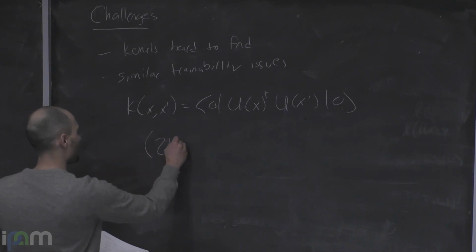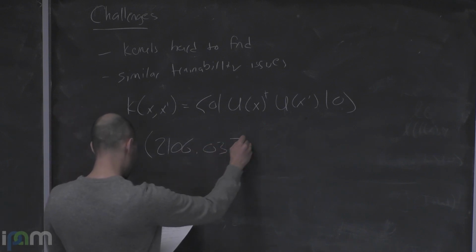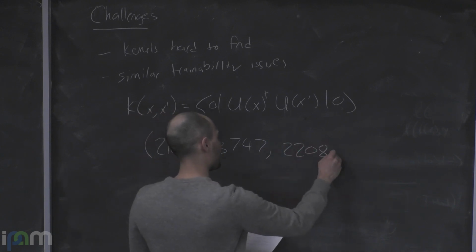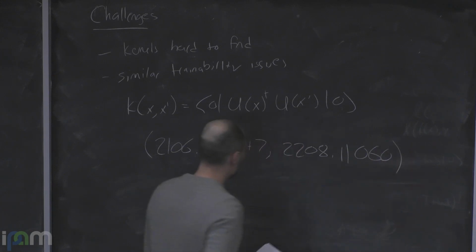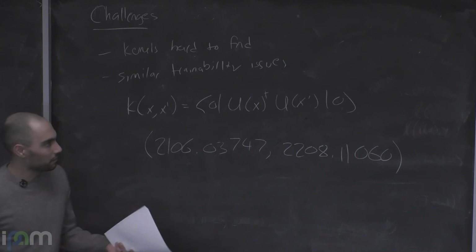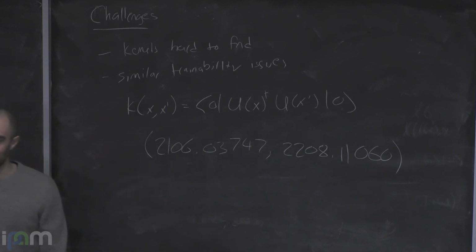A couple papers which talk about this are the following. These two papers talk about it. One of these is actually by classical machine learning people who are experts in kernel methods, and they put out a paper saying this is hard to do even though it's quantum.